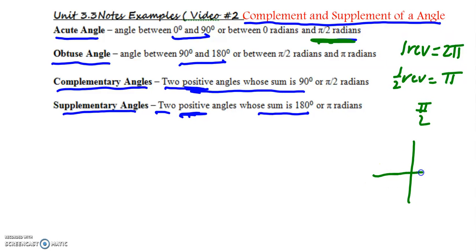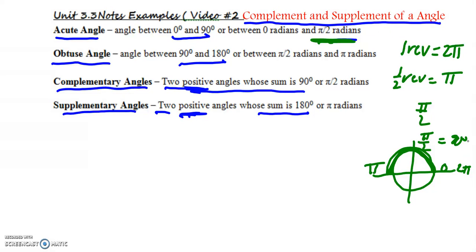Or visually, if you think about a circle, we start at 0. If we go all the way around the circle, we end up at 2 pi. We said that halfway around the circle was pi, so the distance between 0 and pi would be half of pi, or pi over 2. So pi over 2 is equivalent to 90 degrees. So that is really good to keep in mind.